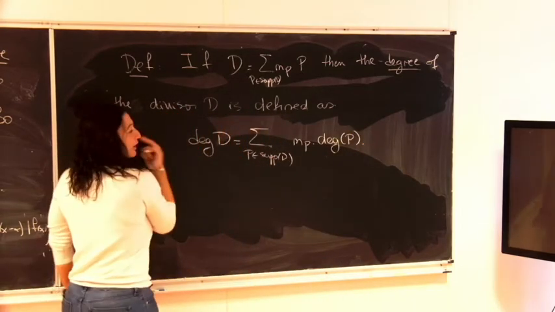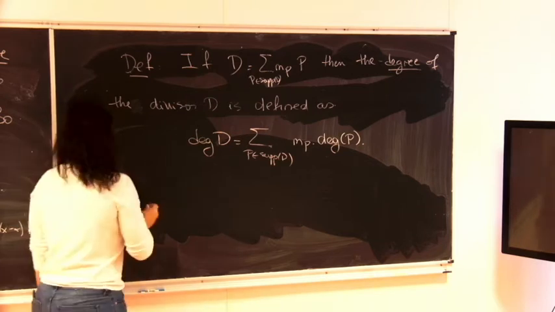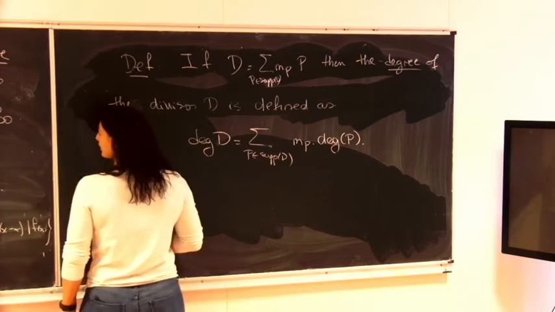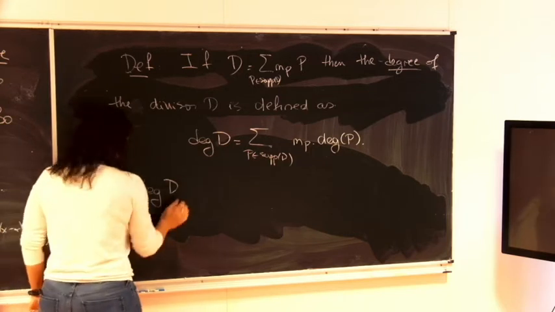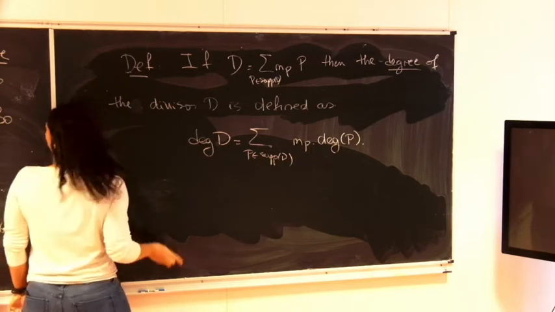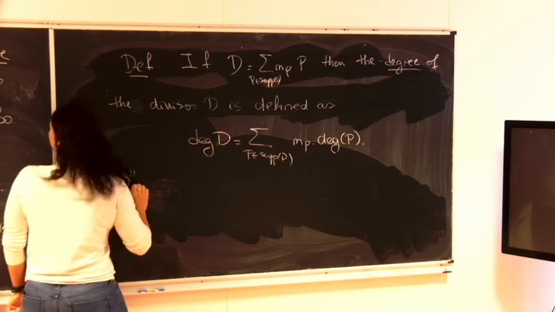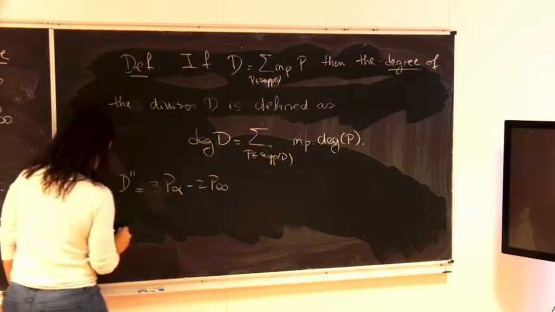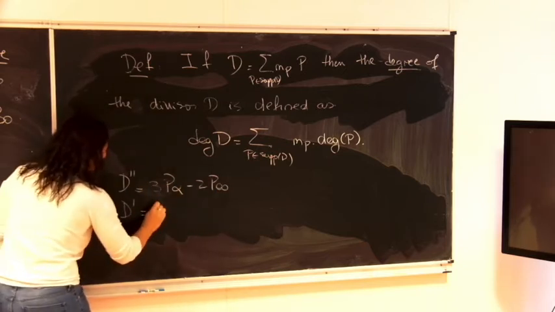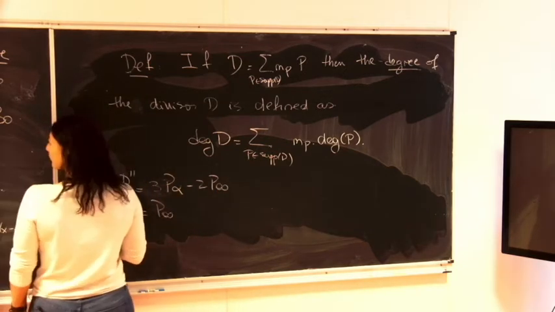And so if I go back to the examples that I have on the other board, I'm going to write it here. We had D second, 3p alpha minus 2p infinity. D prime was p alpha.